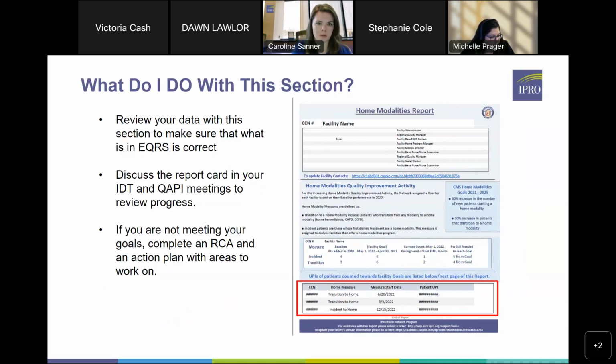The section at the bottom has the patients' UPI numbers, and that tells you who we are counting as transitioned to home. Review this section with your data and discuss it in your IDT and QAPI meetings. If you're not meeting your goals, complete an RCA and develop an action plan to get back on track to meet these goals. Next slide, please.